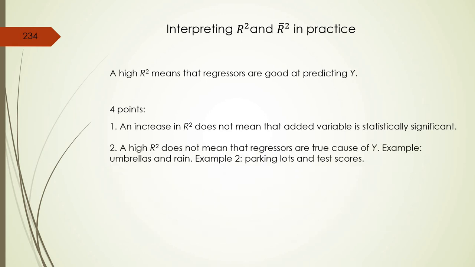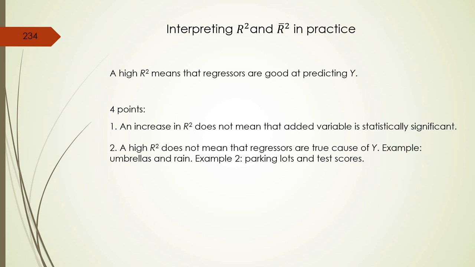Second, a high R-square does not mean that regressors are the true cause of Y. For example, if you have umbrellas and rain, where umbrellas are the independent variable X and rain is the dependent variable Y, they are highly correlated, but it doesn't mean that the number of umbrellas can cause the rain.